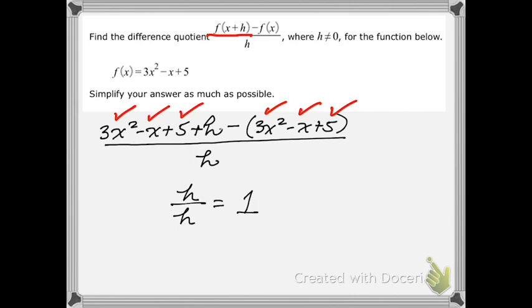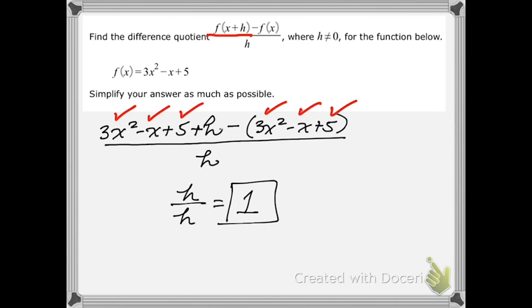And what I am telling you now is that if you ever have this difference quotient problem and your answer comes out to 1, you made the error. You made the common error. And this common error, if you execute it like this, will always come out to 1.